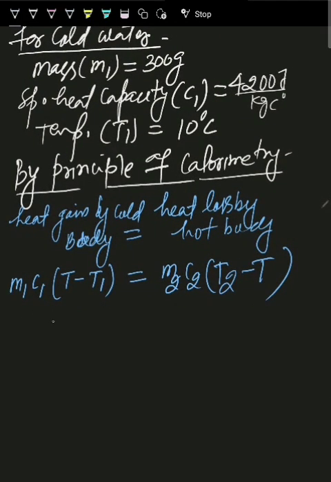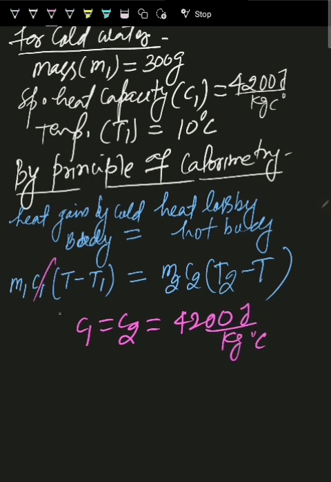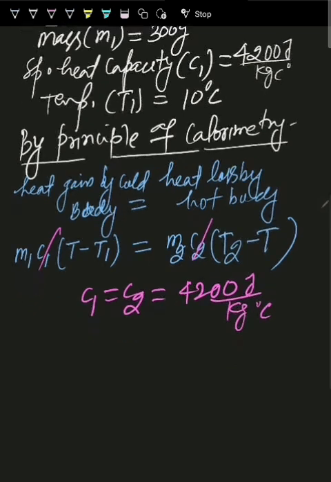Now put all those values. In this case we know that C1 is equal to C2, which is 4200 joule per kg per degree Celsius, so C1 and C2 are going to cancel out.